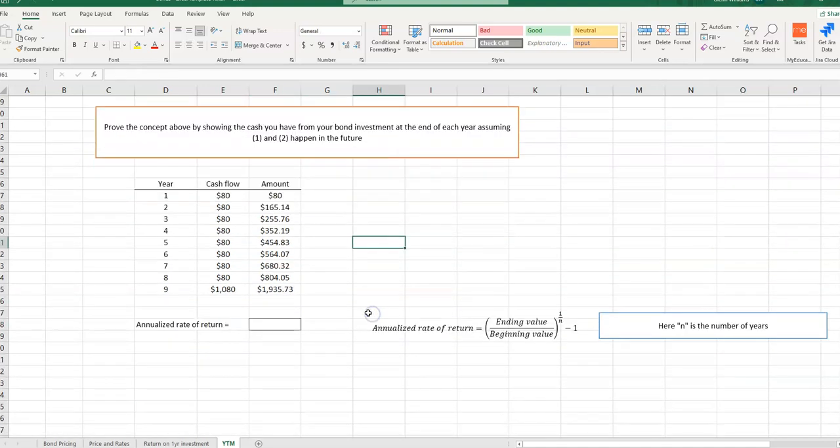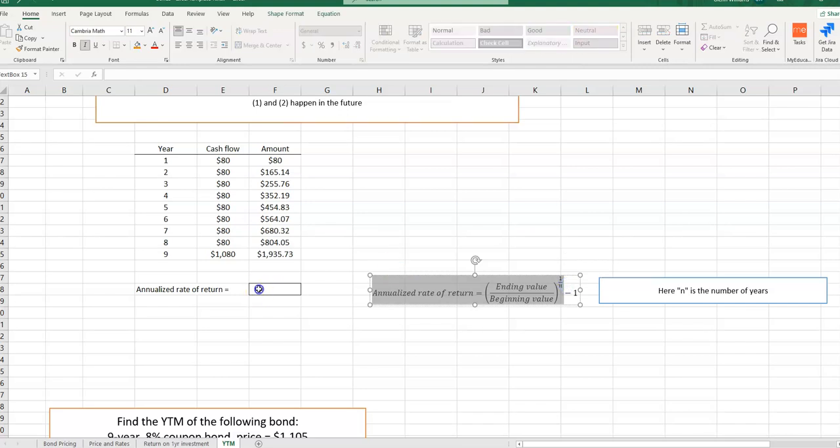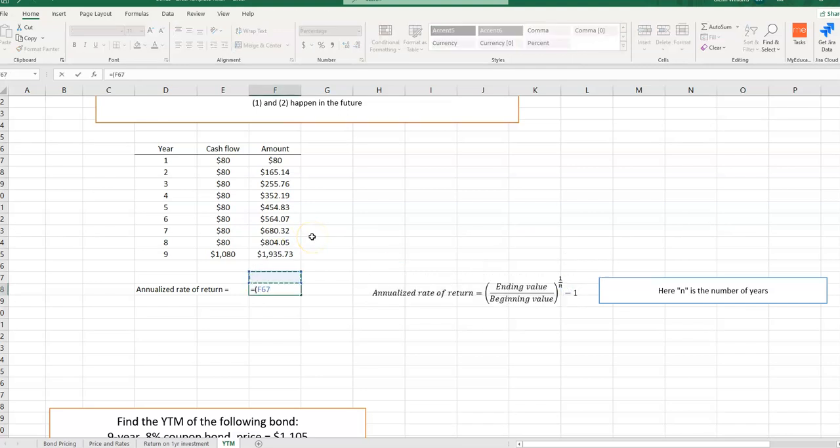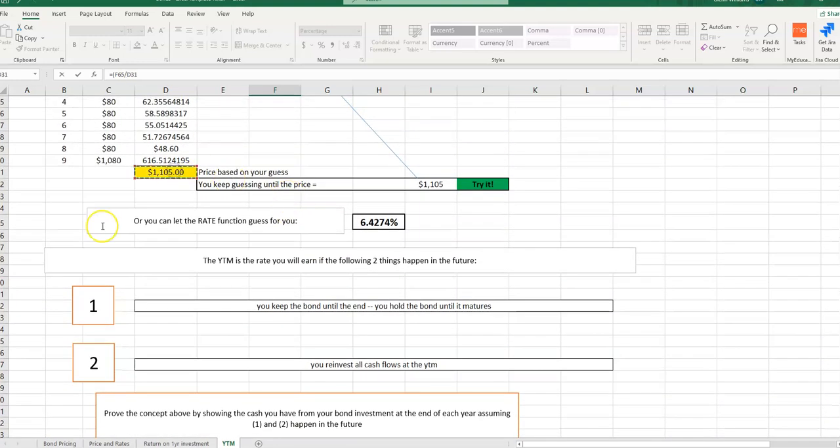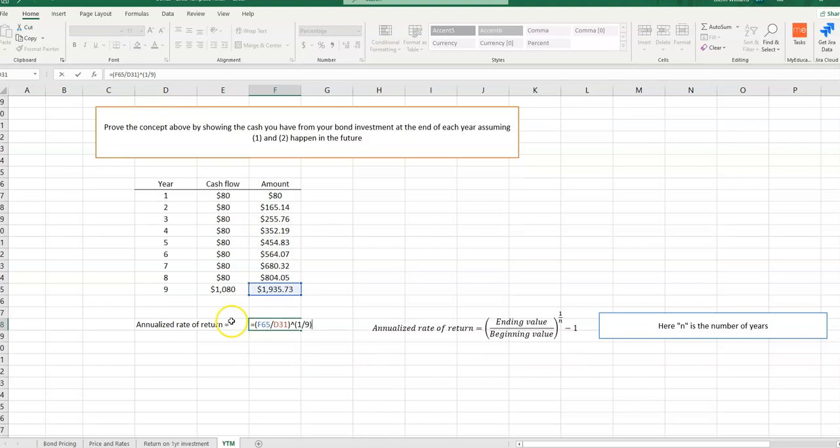If I calculate my annualized rate of return, that means I ended up with this much money. The investment I had to make to get that money was that price. It took me 9 years to get it, so I raise it to the 1/9 power and subtract 1. If I've done everything correctly, that should give me the yield to maturity. And it does.